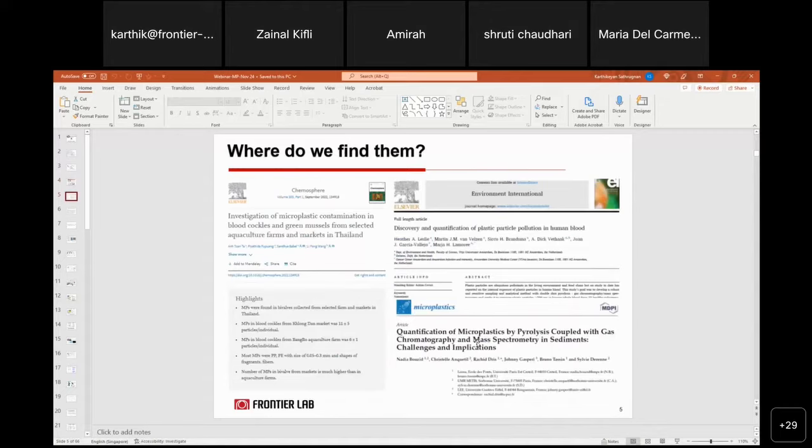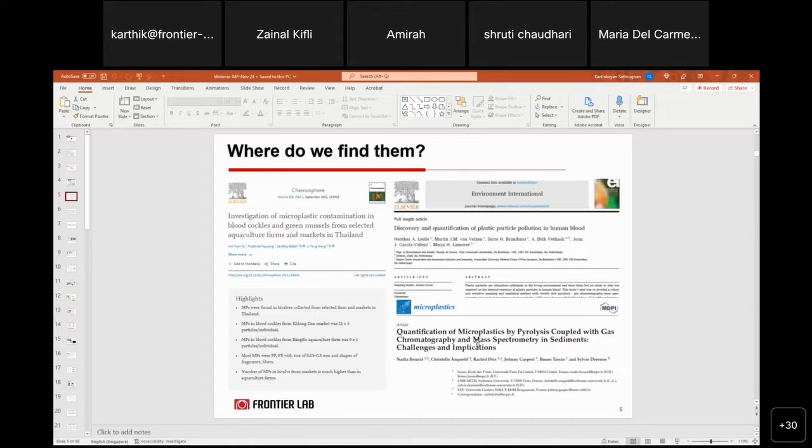So this slide shows a few very recent reports. The one on the right side is an investigation of microplastics contamination in blood cockles and green mussels. The reason why I put this article here is that they have reported the microplastics in terms of particles.